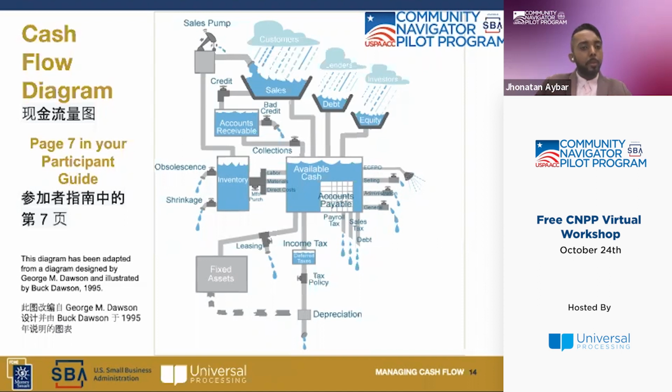Another way to look at this is looking at your central tank. Your central tank is where you have your available cash. And this is super important: business owners must understand that it's important to have separate business accounts. So your business checking account should be devoted only to your business.